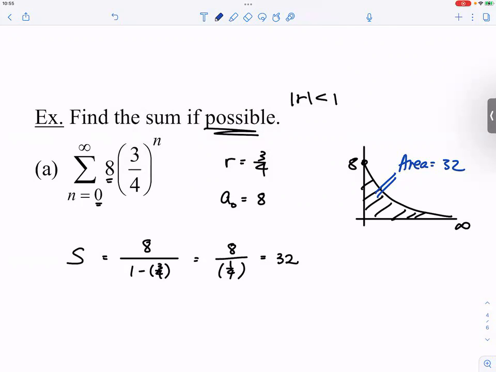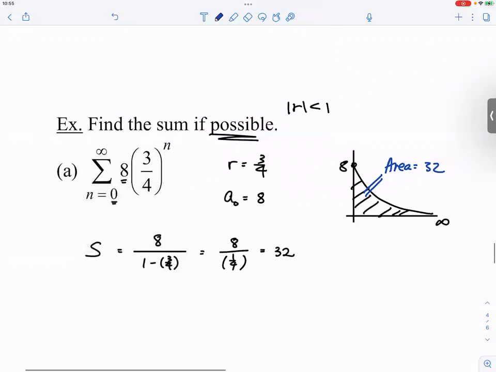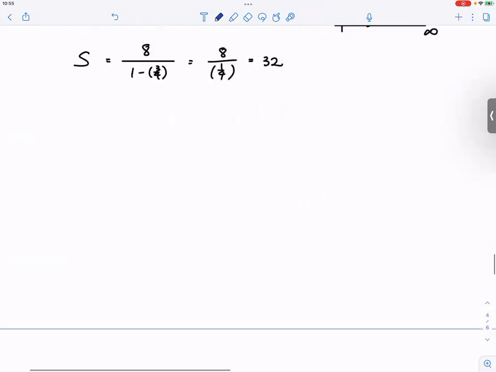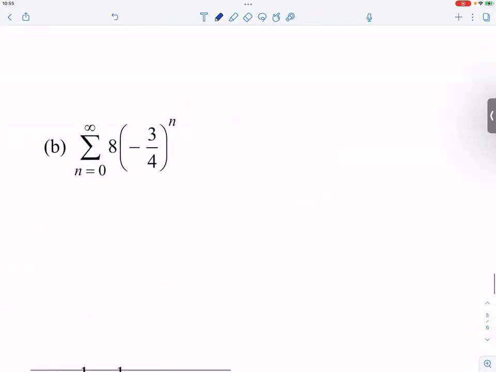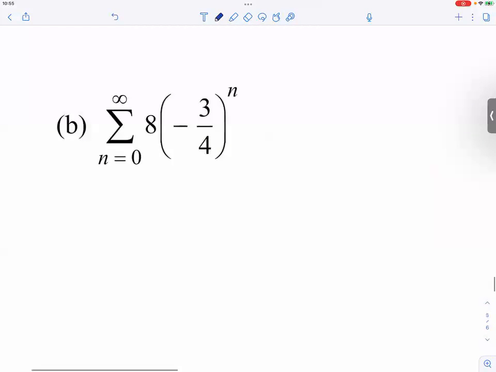Okay. Now, if you look at the second example down below, it's very similar, except that the R is not 3/4, but negative 3/4. Your A0, it's still 8. So we say, well, what's the sum in this case?